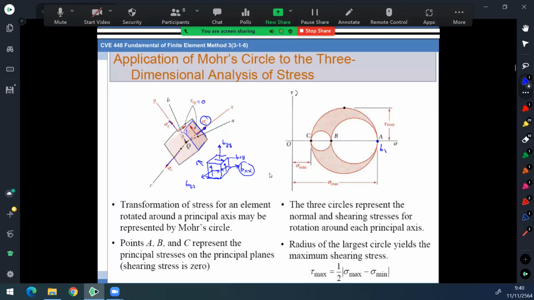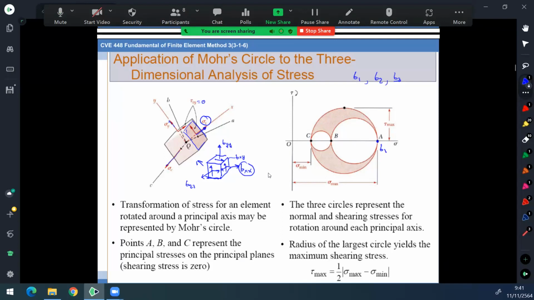We may define sigma 1, sigma 2, and sigma 3. Sigma 1 is the absolute maximum principal stress, sigma 2 is the middle value, and sigma 3 is the absolute minimum principal stress.